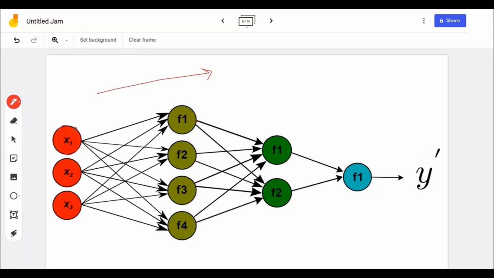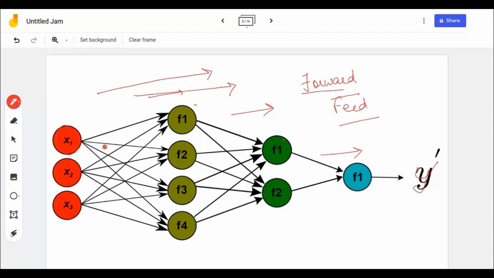You have the inputs and you make it go forward, first to the input layer, then hidden layer, then on and on till you reach the output layer to get the final output that is predicted by the model, Y dash. So since in one way you can see it is moving forward, right? So this moving forward is called the forward feed. It's very important to understand this because all the models that we will train and learn actually follow this.